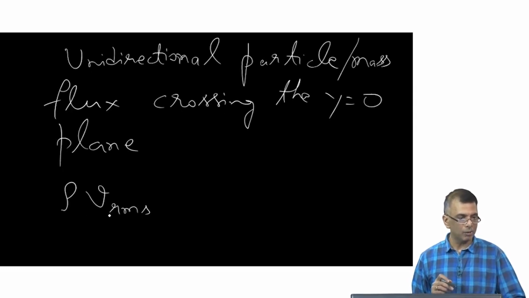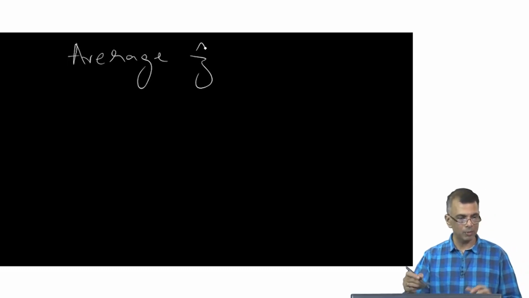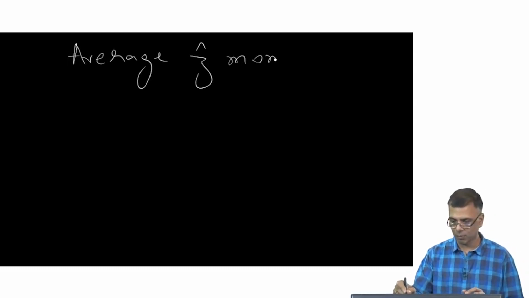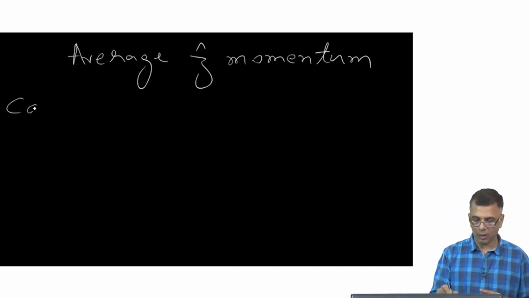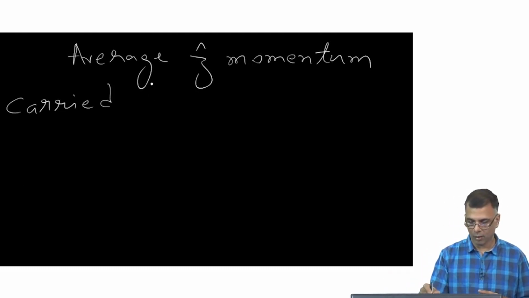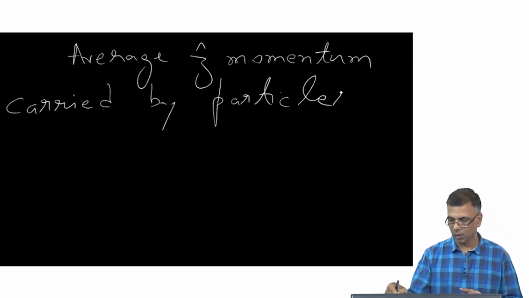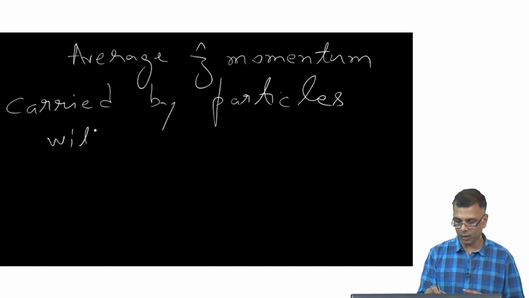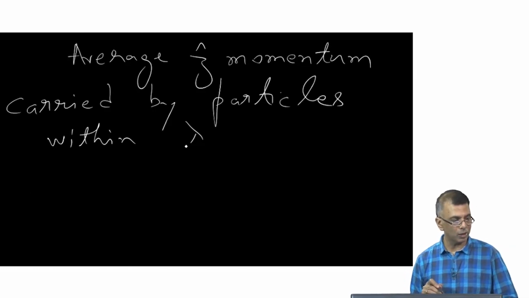And the other thing to remember here is the magnitude of the average z momentum carried by particles within a mean free path lambda. And so this is the other important thing.